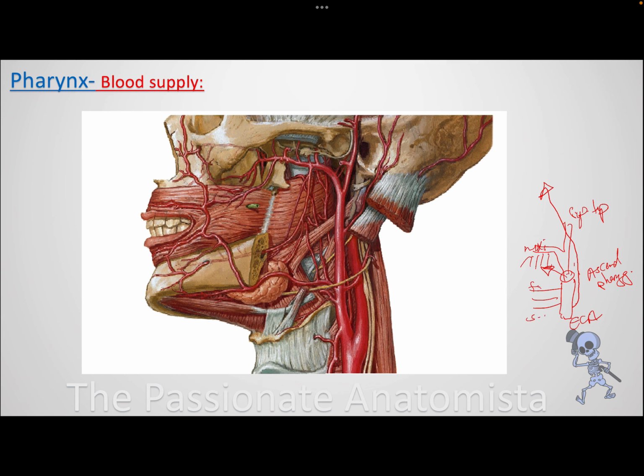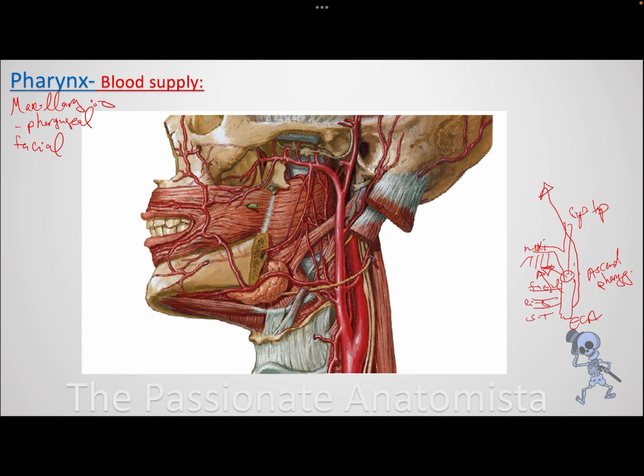Remember that here we had the superior thyroid, then lingual, and then facial. So from the facial, there is the ascending palatine. It also gives blood supply.